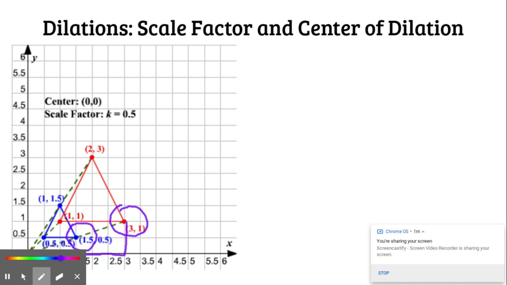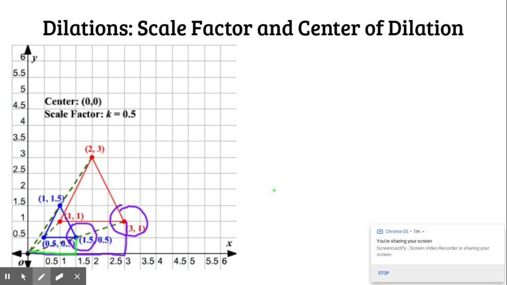Well, because we are dilating that by a scale factor of 1/2, we have to cut that distance in half. So instead of right 3, I go half of that, which is right 1.5, and instead of up 1, it's up 0.5. So by doing that to all three of the points that we have, you can see that the dilation actually takes care of itself.